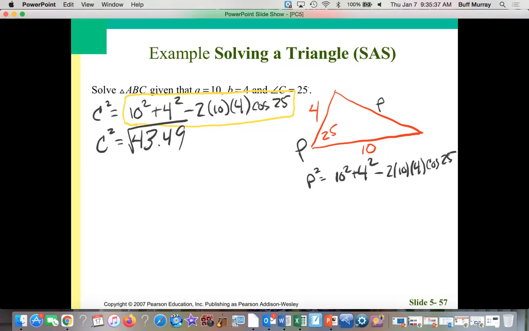What is it? 6.59. So let's just say 6.6. Okay. So was that pretty easy to find that side? Yeah, that formula is pretty easy to use. Got to make sure you're in degree mode. And you just have to basically type things in as they are written. Okay.